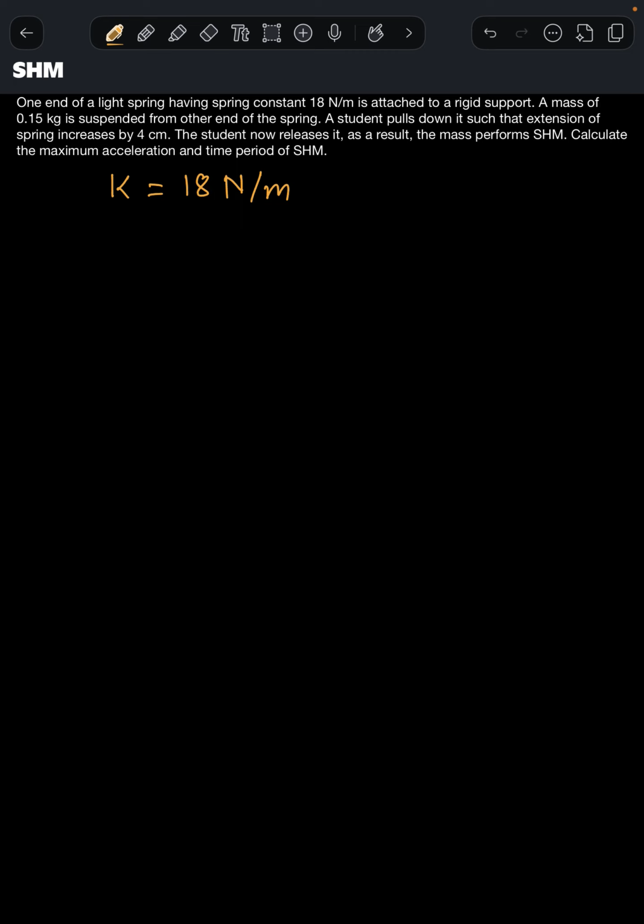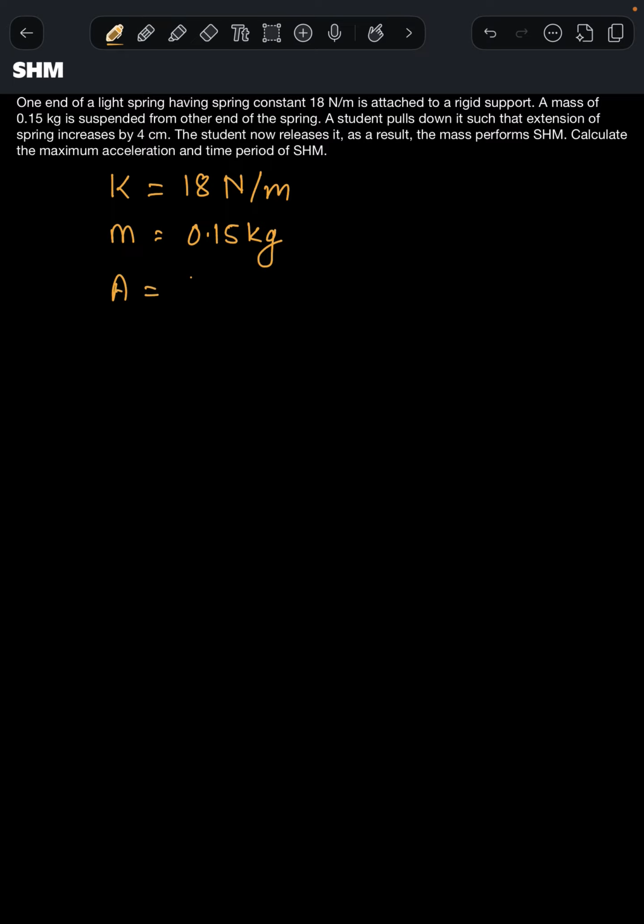A mass of 0.15 kg is suspended from the other end of the spring. A student pulls it down such that the extension of the spring increases by 4 cm. So this extension done by pulling the spring is the amplitude.